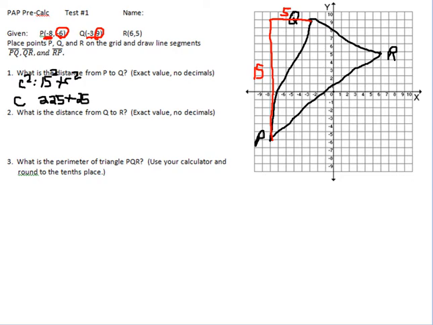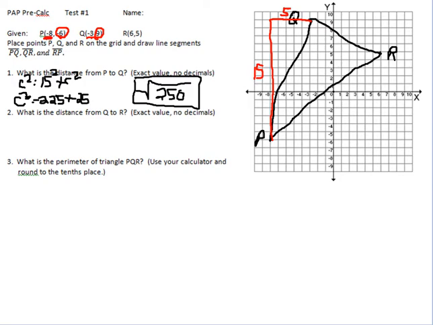So c squared equals that. So we've got 225 plus 25, so that's going to be 250. So c squared is 250. Square rooting both sides gives us the square root of 250. That's the exact value.